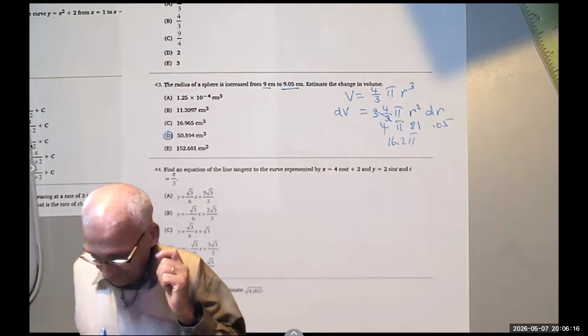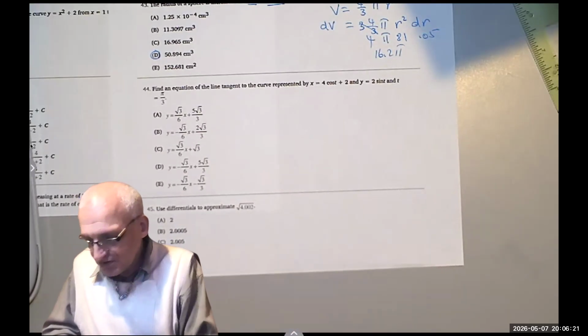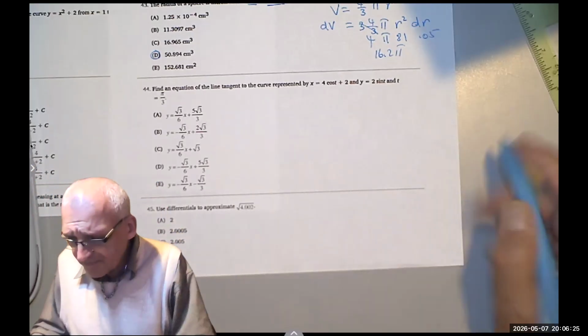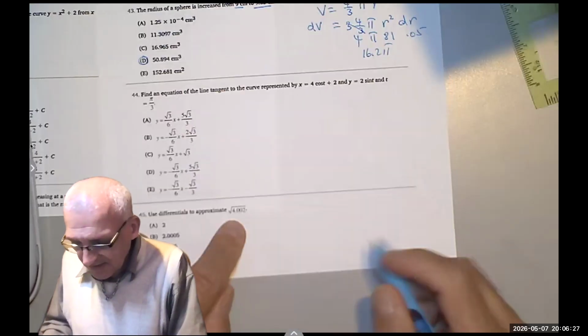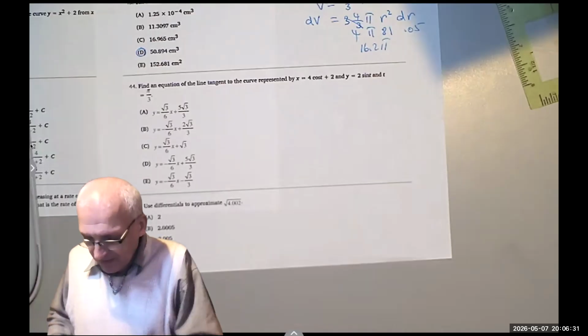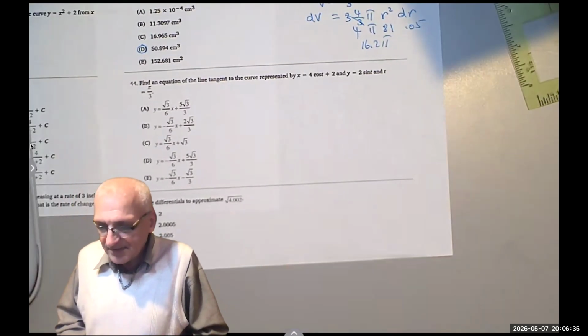Very simple. Go to use differentials to approximate the square root of 4.002. Same thing. I know that the square root of 4 is 2, okay? So how do we do that?